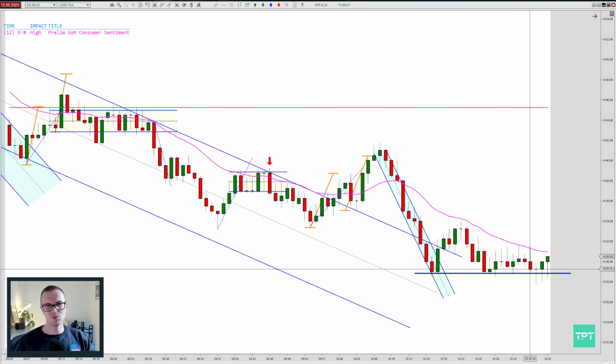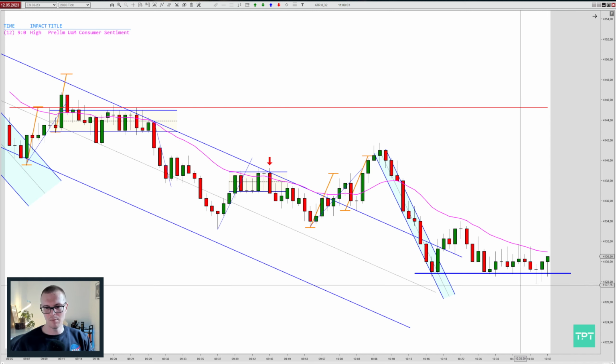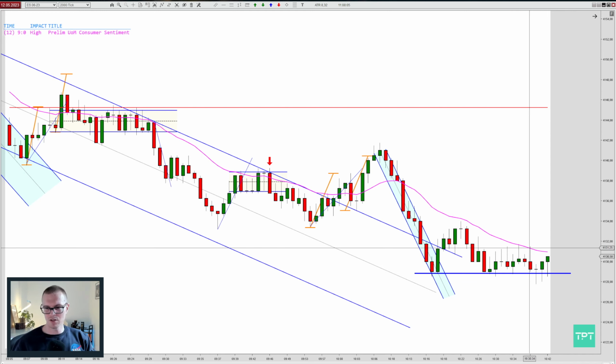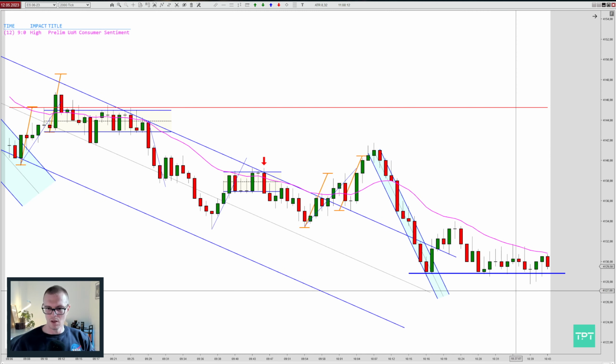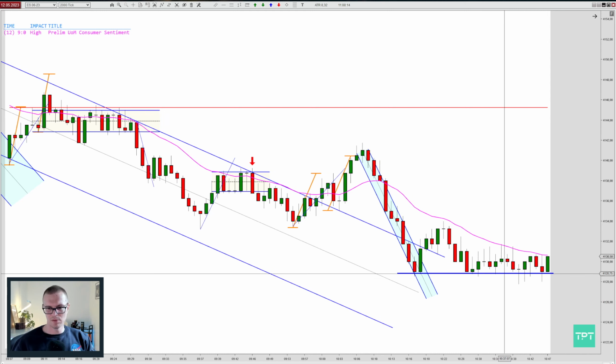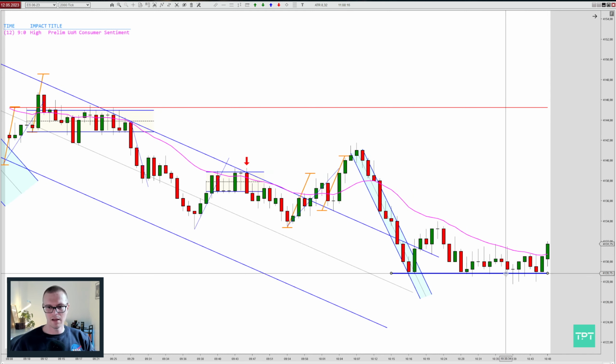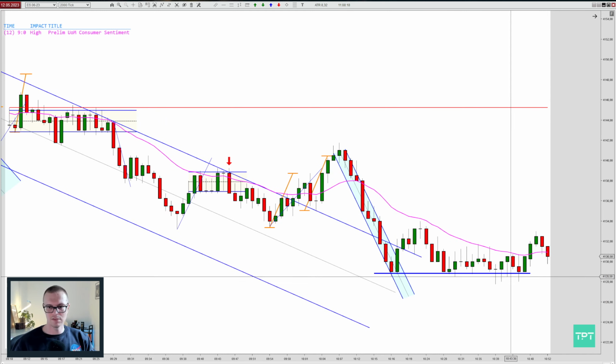Also, it's too far below the EMA. Like if it was much closer, then it would be worth taking here. But this is pure range, and we are staying out of congestion, so nothing to take here.